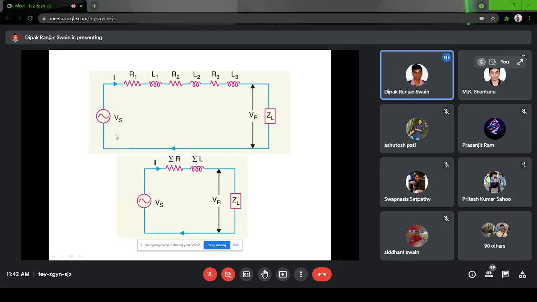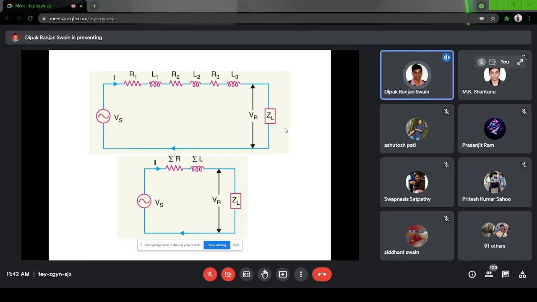Okay. Then there are a few other terms that we will be using regularly. One is the sending end voltage, sending end current, receiving end voltage, receiving end current, and load. ZL stands for the load impedance. Now, generally, this ZL is not shown in the circuit diagram because it is customer dependent.